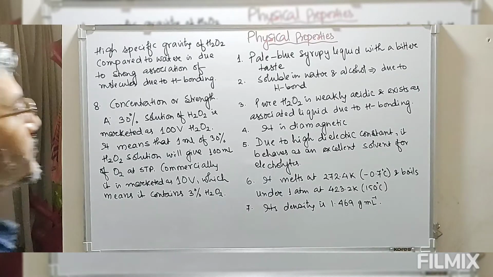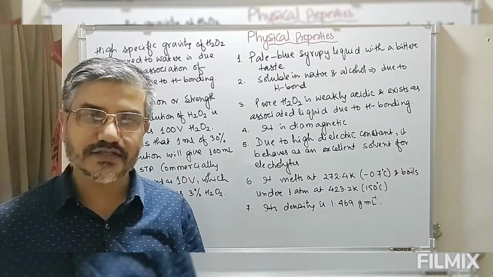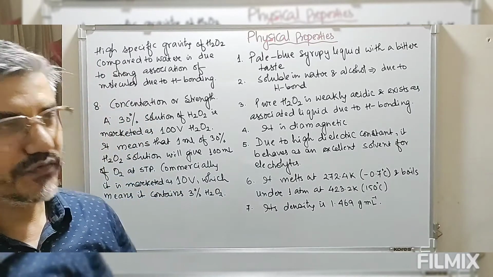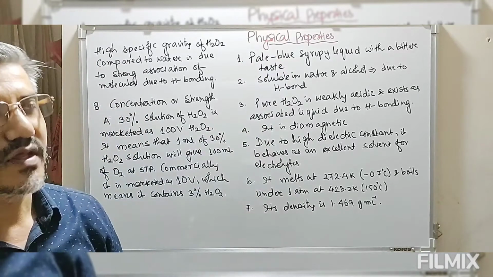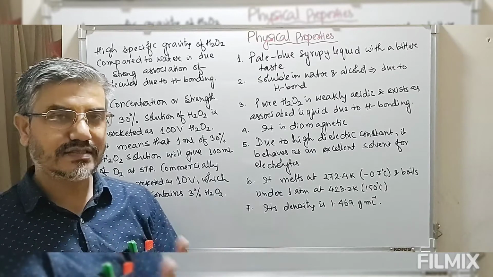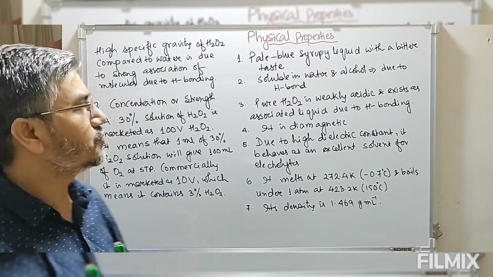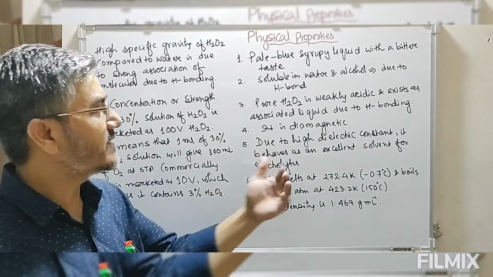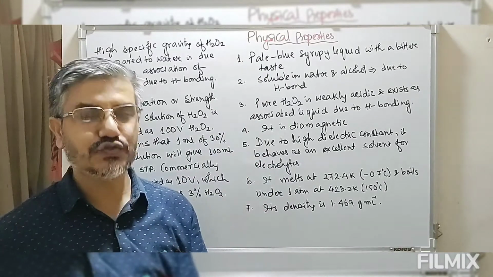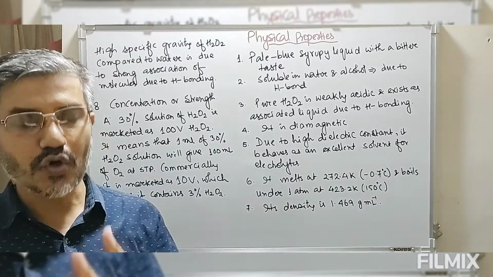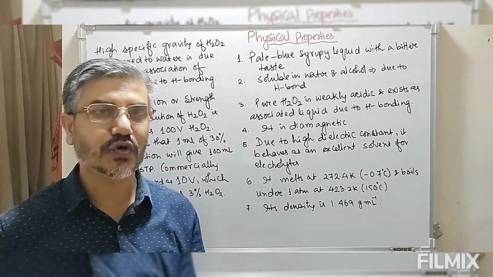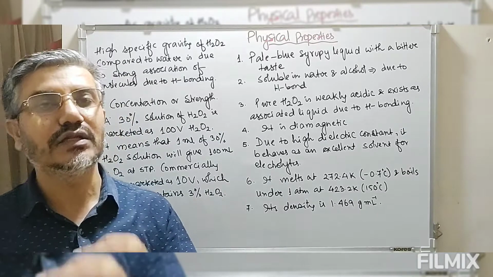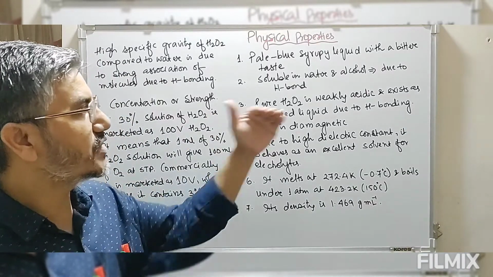Now coming to physical properties of this compound, hydrogen peroxide, we have these physical properties. First of all, this is a syrupy liquid whose color is pale blue, and its taste is bitter. At room temperature, at normal state, hydrogen peroxide exists as a liquid, and that is syrupy.